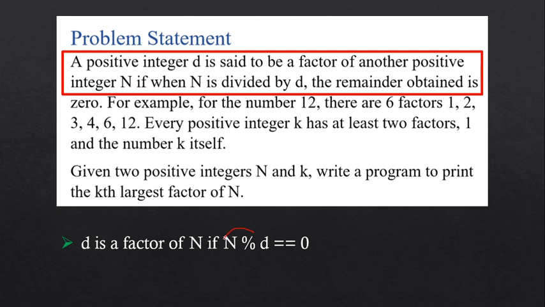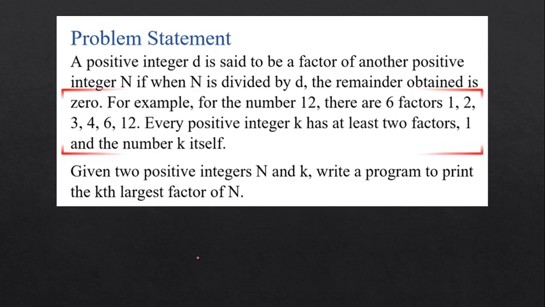If n modulus d is equal to 0, that is what they are telling you here. If the remainder is 0, d is a factor of n. This is the usual definition we give for a factor. Factor means if it divides a number, the remainder should be 0. That is a factor, right? So this is the first point said in the question.